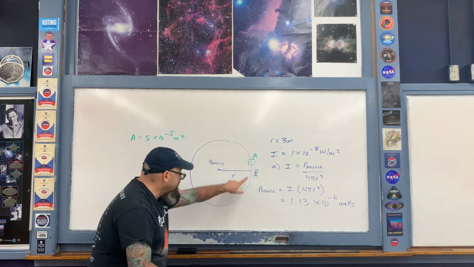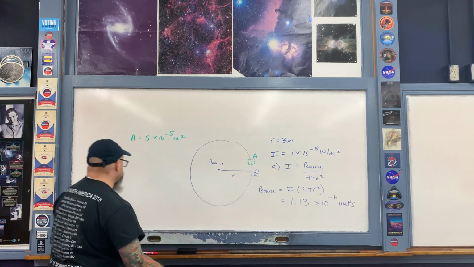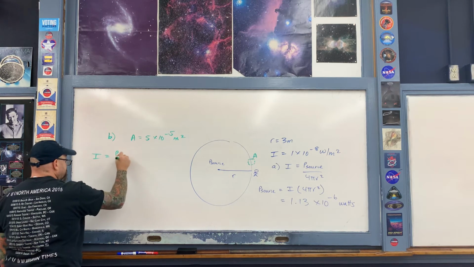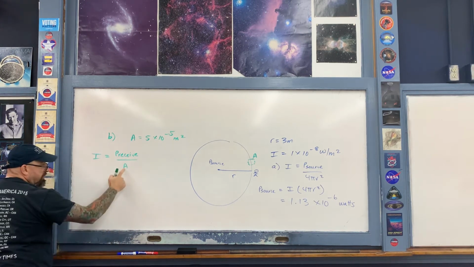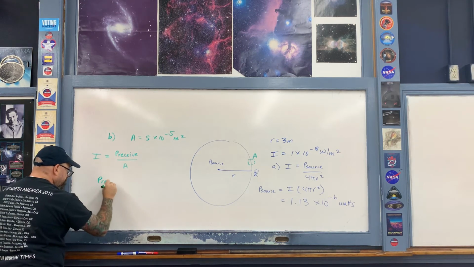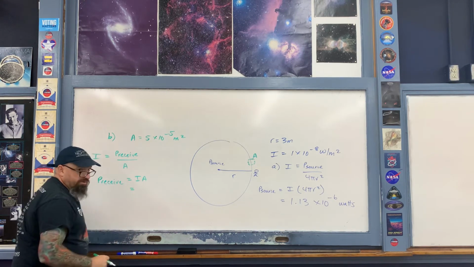Now we'll think of the intensity of this sound. It's still this value, by the way, but now for part B of the example we'll think of the intensity as being equal to P receive divided by area A. And now I'll cross multiply the area to the other side and solve for P receive. So this is how much energy per second passes through the person's ear.